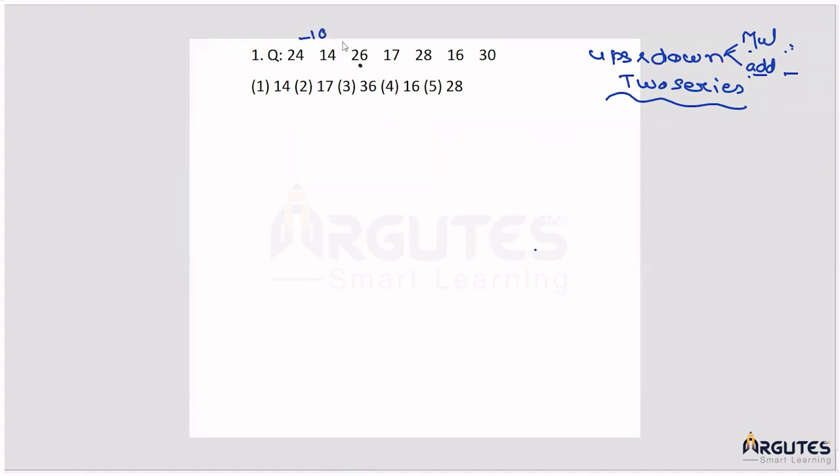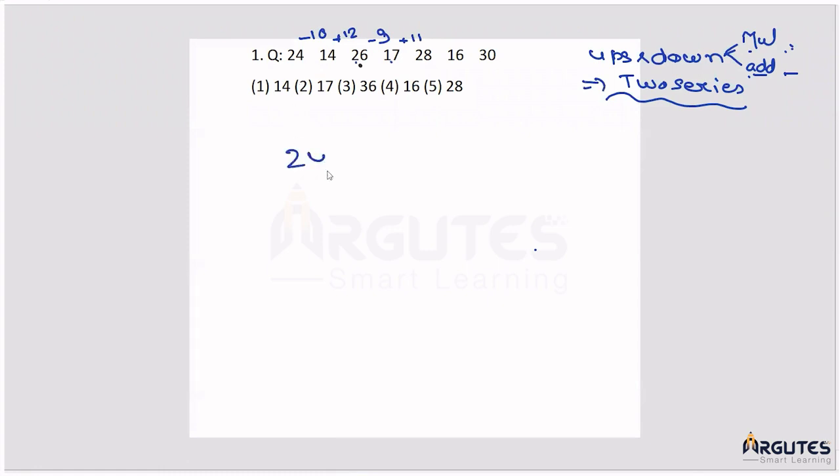From 14 to 26 we add 12. From 26 to 17 we subtract 9, and from 17 to 28 we add 11. By looking at this we don't conclude that any pattern is being created here. It's minus 10, plus 12, minus 9, plus 11. So we will go directly to two series.